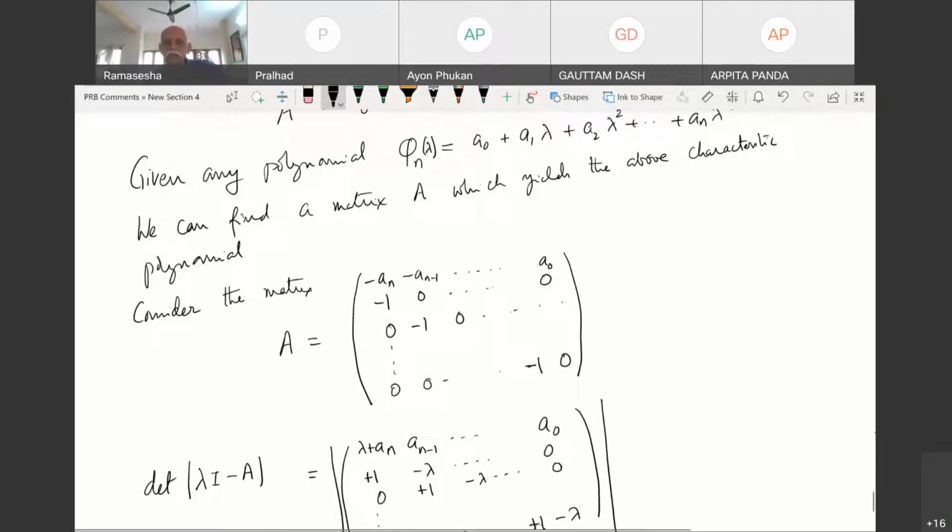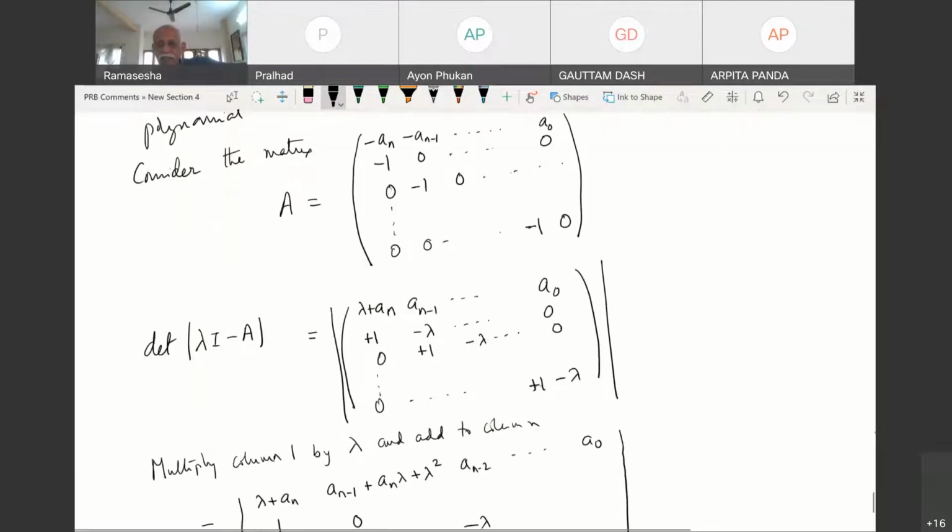A is this matrix. So if I just write down this matrix and then calculate, so I have my coefficients A0, A1, A2, etc., AN. Okay. So I just write down the first row to be the coefficients, and from second row onwards, I put -1 on all the positions one below the diagonal, and then I write down the characteristic equation for this one.